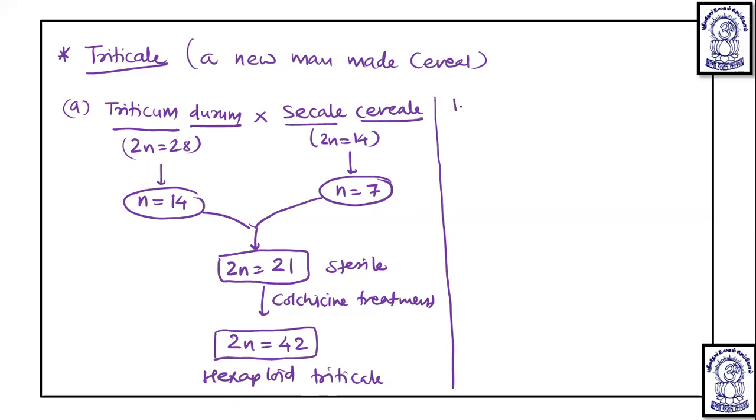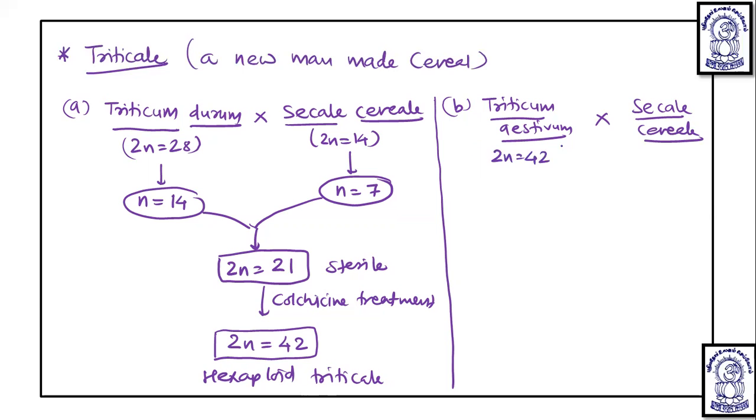But in another example, if we are taking Triticum aestivum, and we are making a cross with Secale cereale, that is rye. This has 2n equals 42.